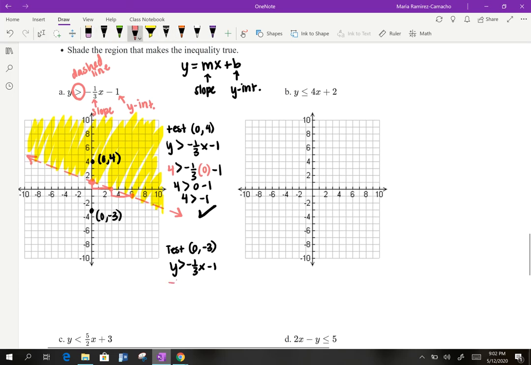Plug in negative 3 for y and plug in 0 for x. Is negative 3 greater than negative 1? Nope. So we're not going to shade in that direction. All my solutions are above the line. Okay.